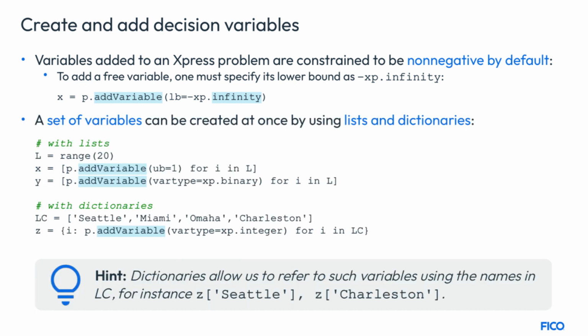A set of variables can also be created via the same method using Python's fundamental data structures, lists and dictionaries. In the case of a list, a zero-indexed set of variables is created and added to the problem. If more elaborate indexing is required, dictionaries can be used, which allows the user to refer to such variables using the values in the list, such as in the example shown.